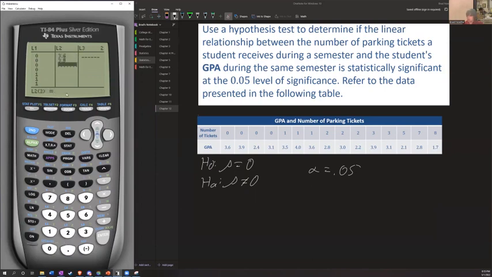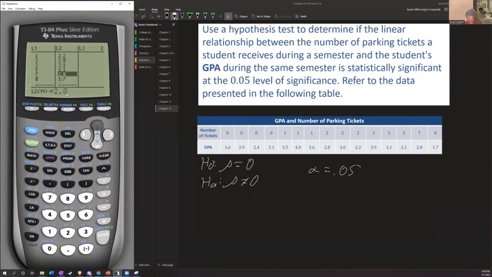3.6, 3.9, 2.4, 3.1, 3.5, 4.0, 3.6, 2.8, 3.0, 2.2, 3.9, 3.1, 2.1, 2.8, 1.7.